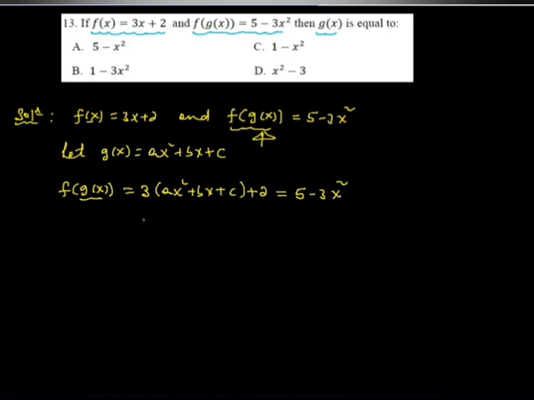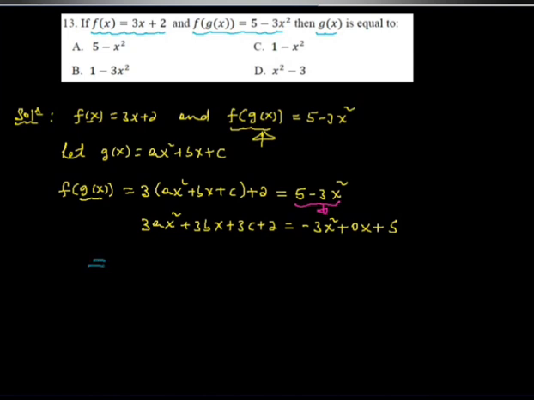So this means 3ax squared plus 3bx plus 3c plus 2 is equals to minus 3x squared plus 0x plus 5 ማለት ነው. እዚች ጋር ያደረኩት ነገር ምንድነው? ይሄንን በዚህ መልክ ጻፍኩት ማለት ነው.